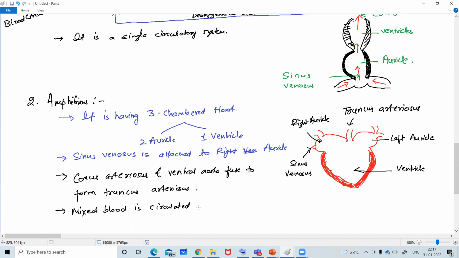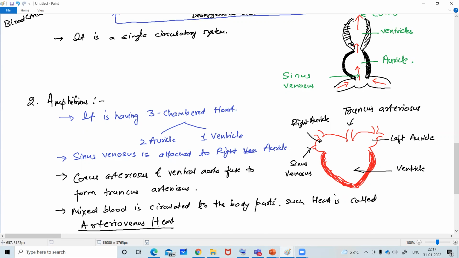Mixed blood is circulated to the body parts. Such heart is called, there is a term called here, arteriovenous heart. When there is no separation of the blood, there's a mixed type of blood moving.